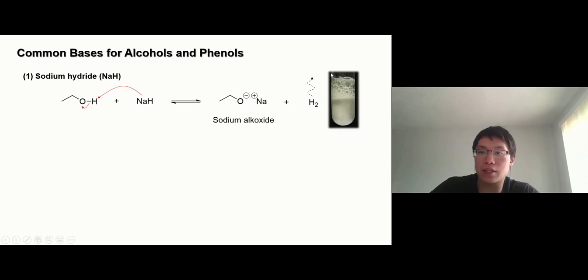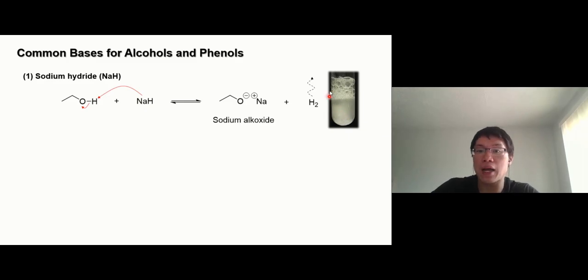And you might see the solution right here a little bit foggy. That's because sodium hydride is reactive with even the moisture in the air. When they keep sodium hydride, they mix it with some kind of natural oil, and when you put it in a solution of alcohol, it turns foggy, so it isn't soluble that well. But the solution works.